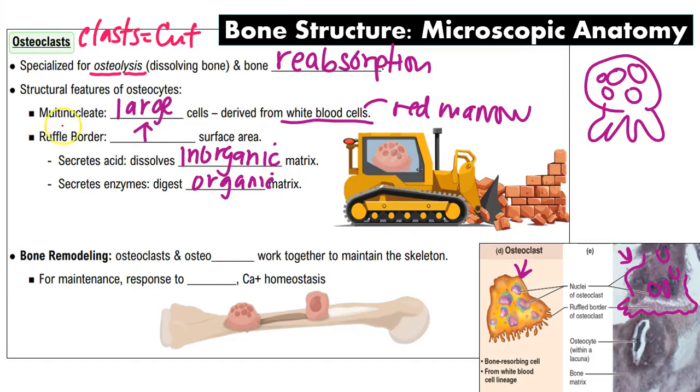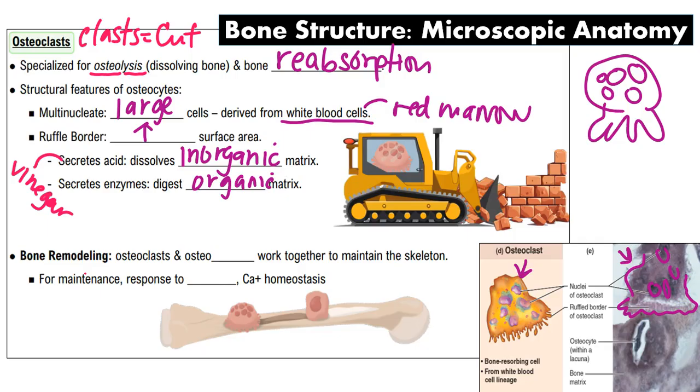So an example of this would be if you put a bone in vinegar, a weak acid, but it's still an acid, then you'll see that the bones become more flexible because they are being broken down at that point and the matrix is being dissolved. The majority of the matrix is going to be the hydroxyapatite, and that's going to give it its hardness, right? Like we talked about before. So we know that when you add it into acid, that will start dissolving and going away.